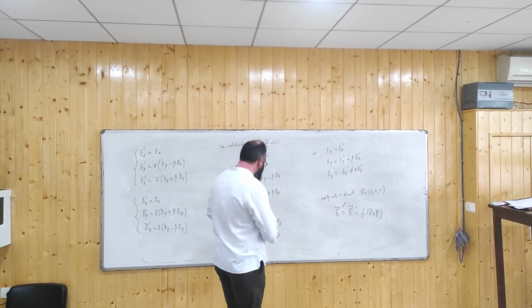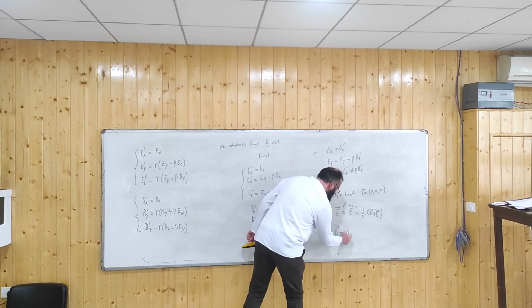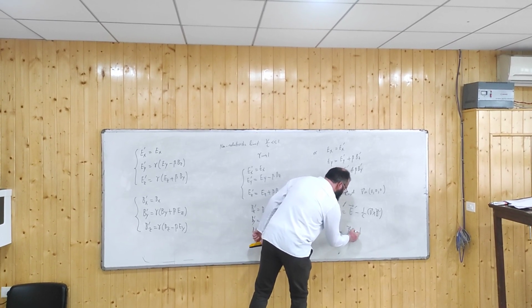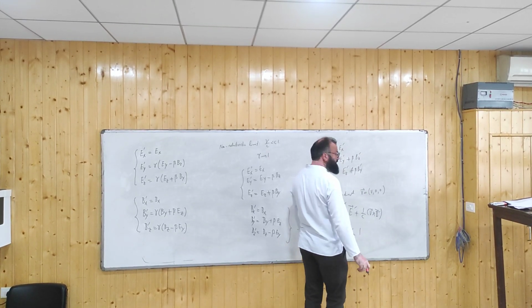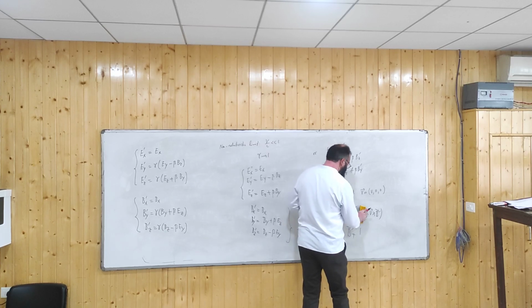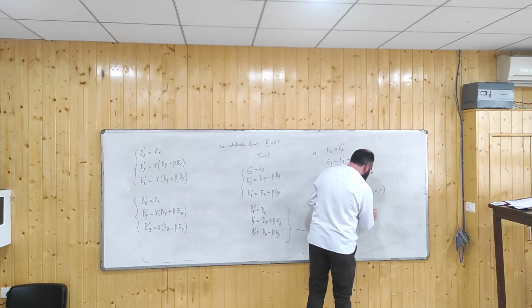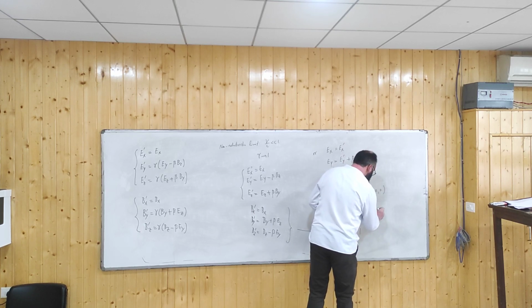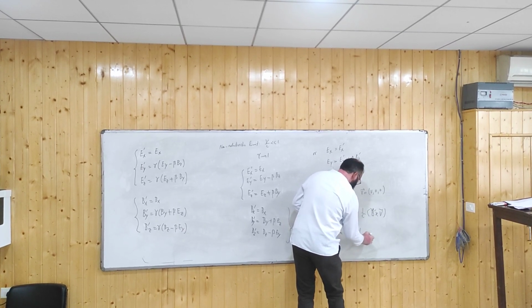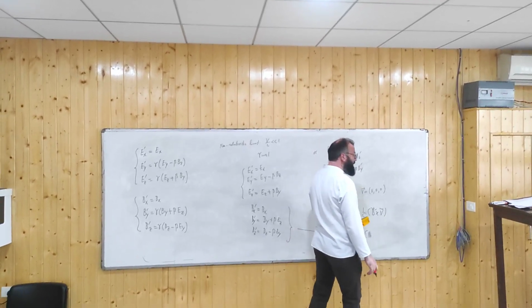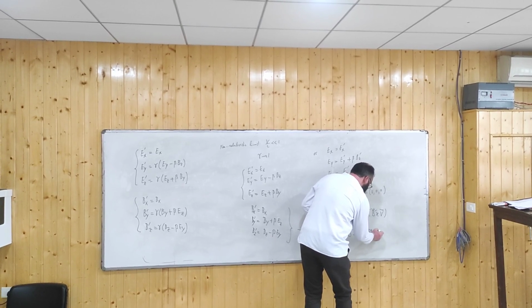Similarly, vector B is equal to vector B prime plus 1 by c, B prime cross v, minus 1 by c E prime cross this.